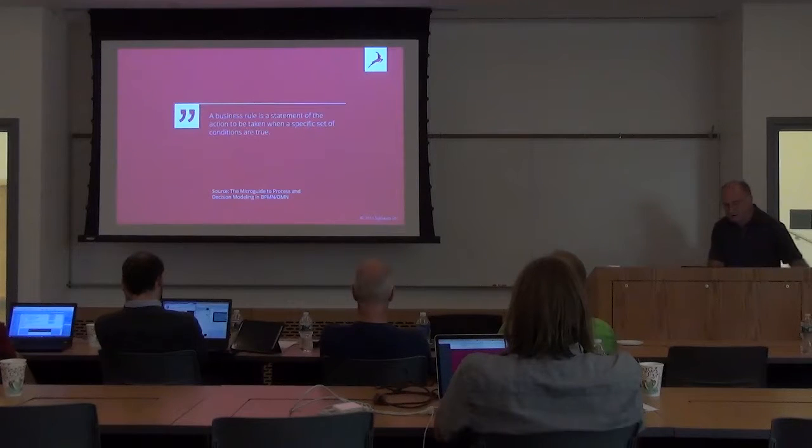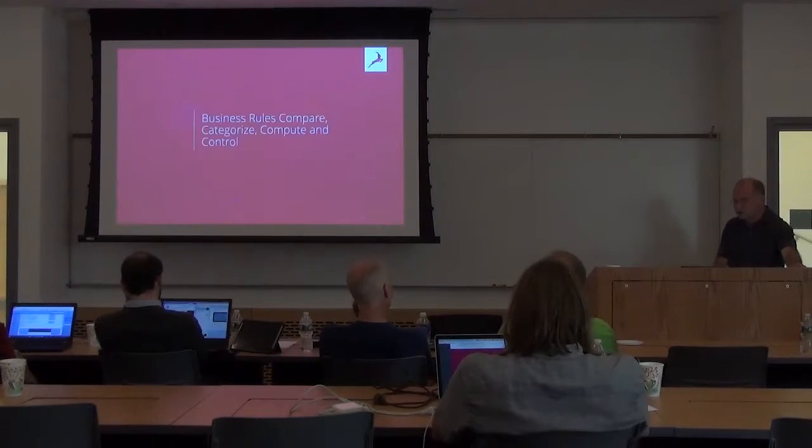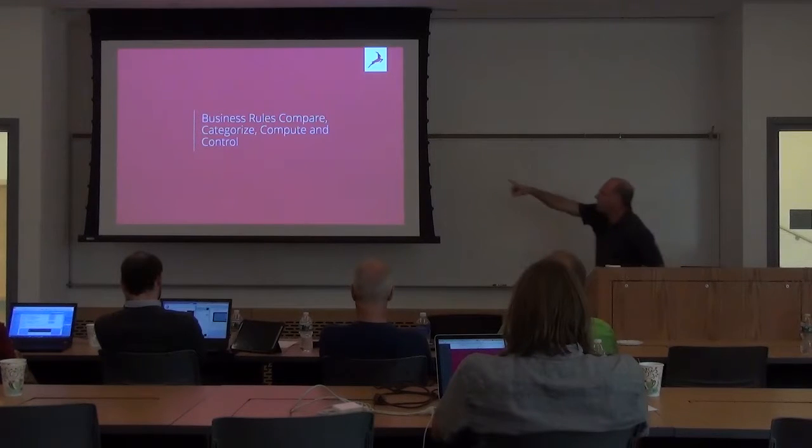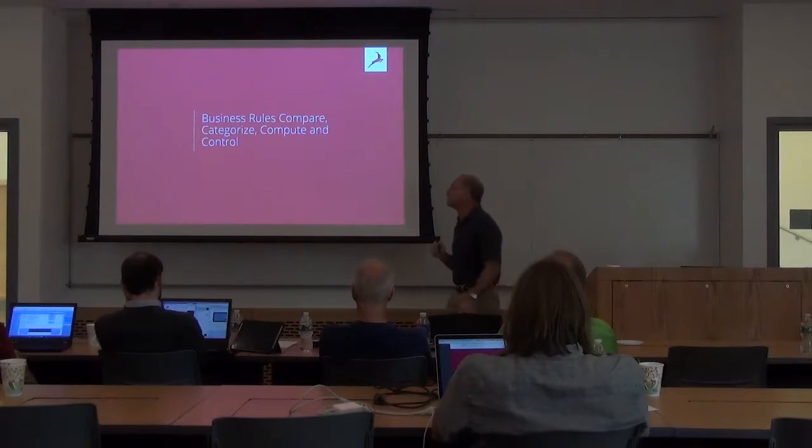So that statement of the action to be taken when those particular set of conditions is true, that's kind of how James Taylor defines it. Those conditions, I say, are to compare, categorize, compute, and control.